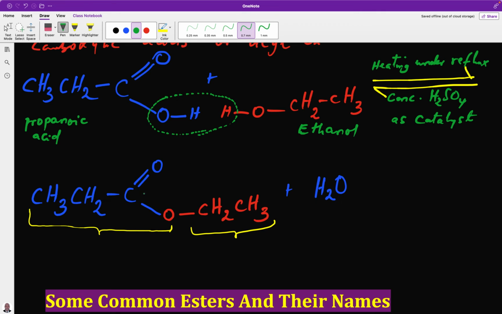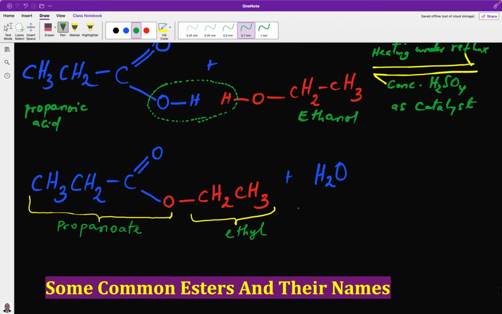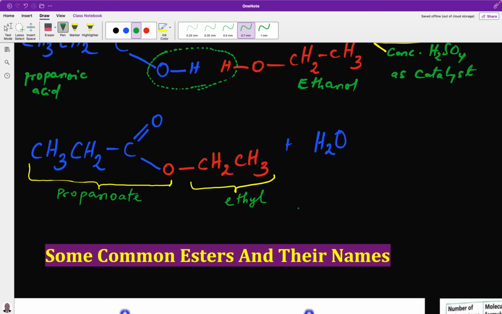This is propanoate, and this is the ethyl group. What will be the name of the compound that is formed?